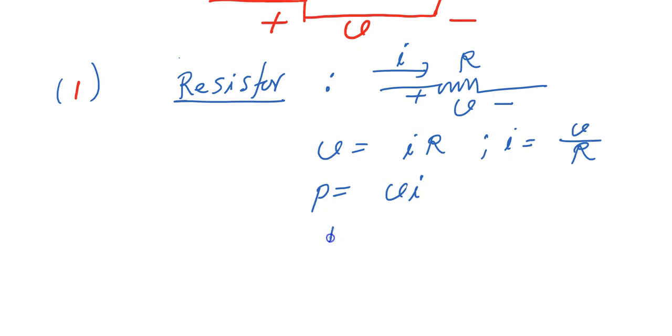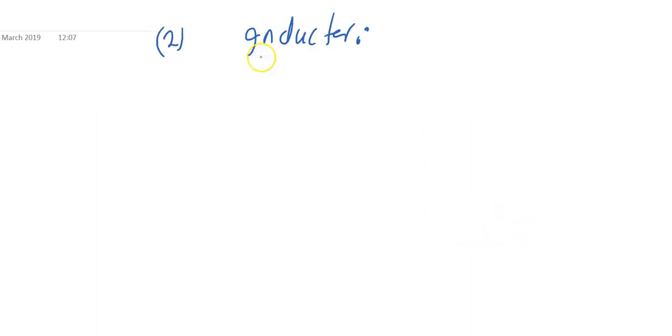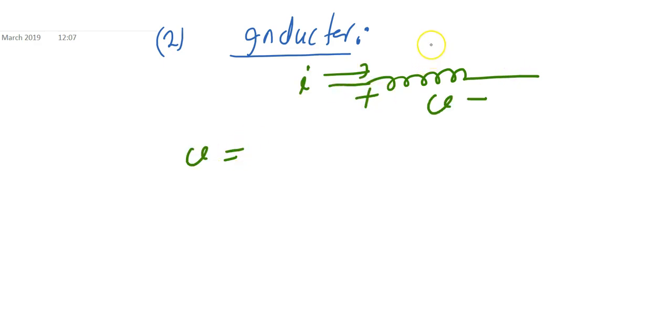Then energy, you know the relation, the integral from minus infinity to t of p(τ) dτ. Then the inductor. These are very basic relations. You are expected to know them minutely. You should not have any doubt in all these basic relations. An inductor is simply a coil, and the value is L.